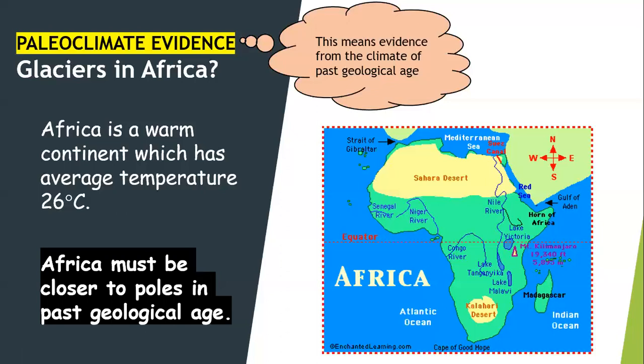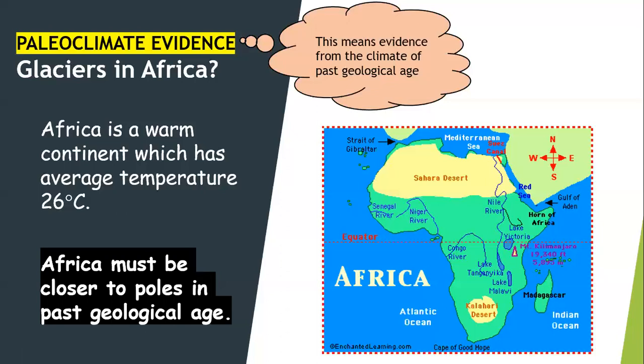Millions of years ago, it was not here. Millions of years ago, Africa was somewhere close to the poles. That is why there were glaciers in Africa at that time. That is why when these glaciers were moving, they created those deep scratches in the rocks in the African land, and we find the evidence of glacial grooves today.